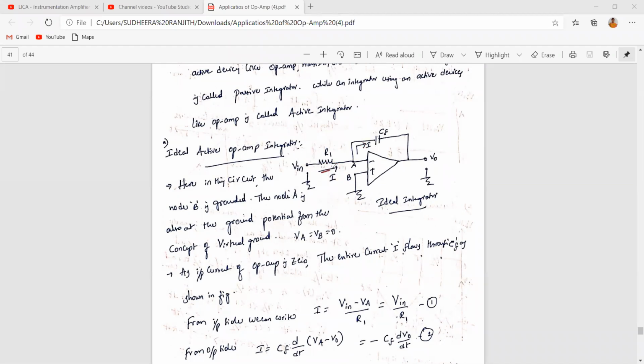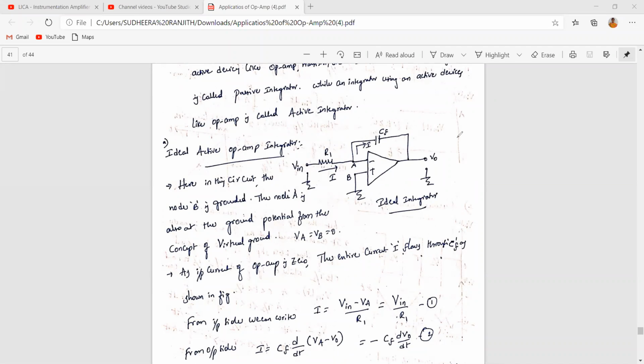Now write the equations similar to the previous one. What is I? I equal to V in minus VA by R, where VA is 0. Now the current through the op amp is 0, and the current flows through the capacitor.